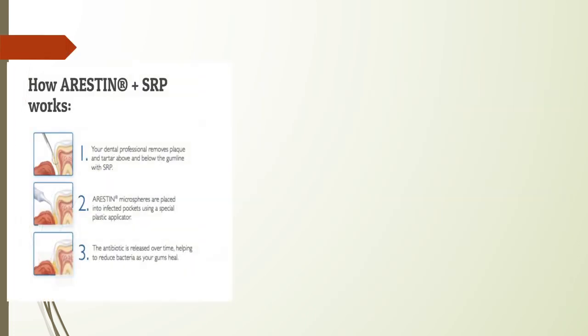In this slide, I'm going to talk about how Arestin and SRP work together. Your dental professional will be removing the plaque and tartar from the gum line and beneath the gum line as well with SRP, that's scaling and root planing. And then the Arestin microspheres are placed into the infected pockets using a special plastic applicator.